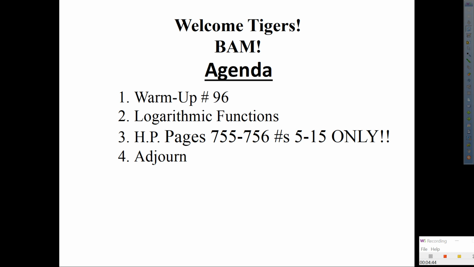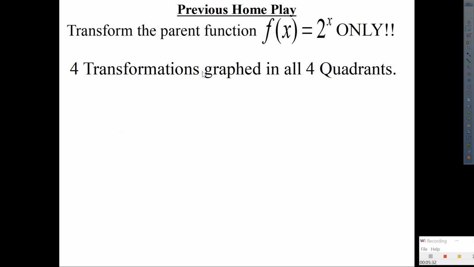So, like I said, we're moving on. You need a Cornell note. You do need a Frayer model. So, here we go. Also, last night's home plate, turn that in, please, on Canvas. Last night's home plate was 4 transformations of this parent function.